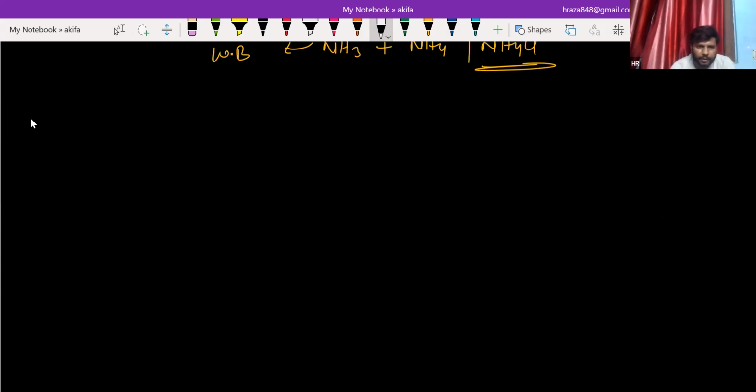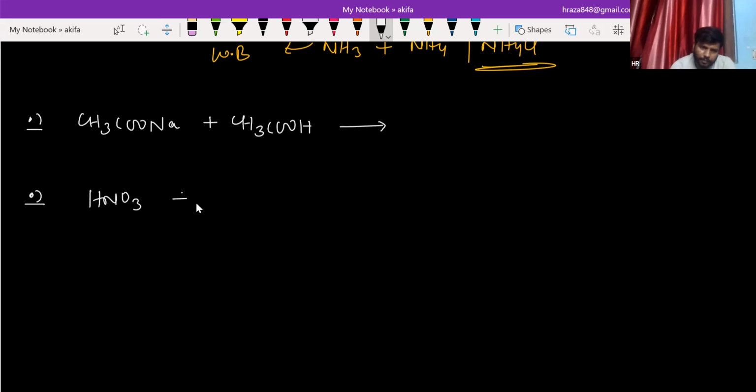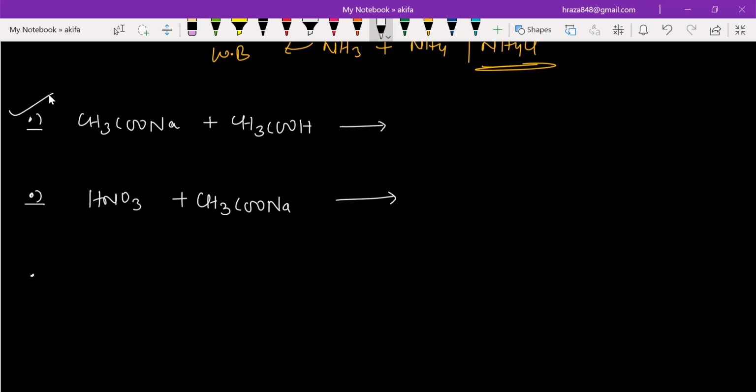Now, can you tell me: CH3COONa plus CH3COOH, is it a buffer solution or not? HNO3 plus CH3COONa, is it a buffer solution or not?